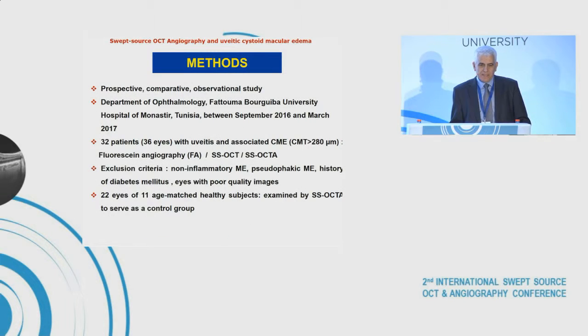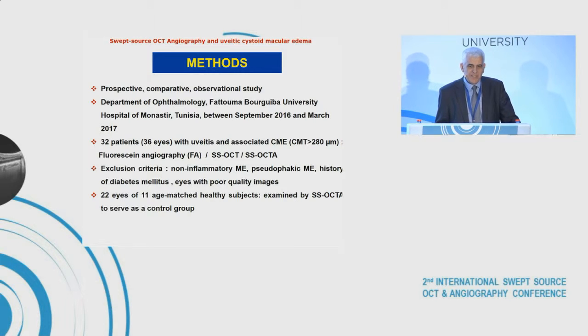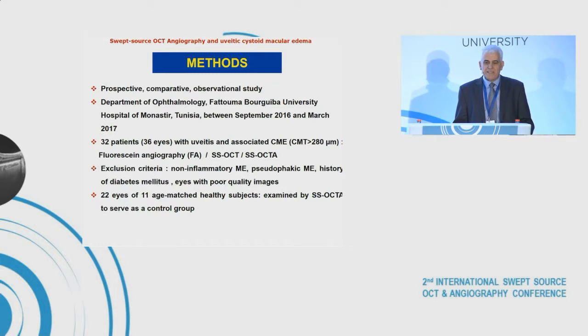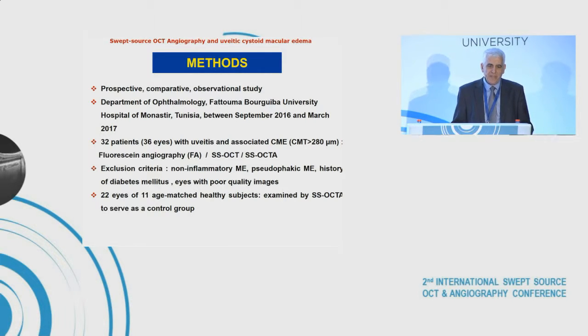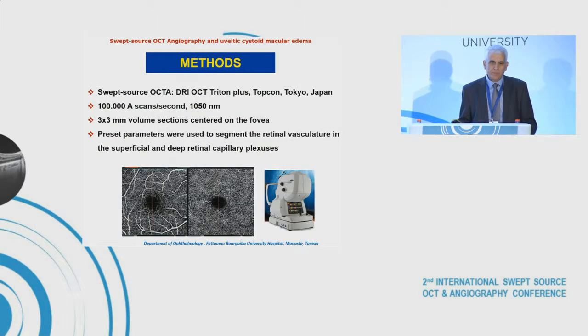edema. This is a prospective comparative study including 36 eyes of 32 patients with uveitis and associated cystoid macular edema, examined by fluorescein angiography, swept source OCT, and swept source OCT angiography. We also included 22 eyes of 11 healthy subjects examined by swept source OCT angiography to serve as a control group.